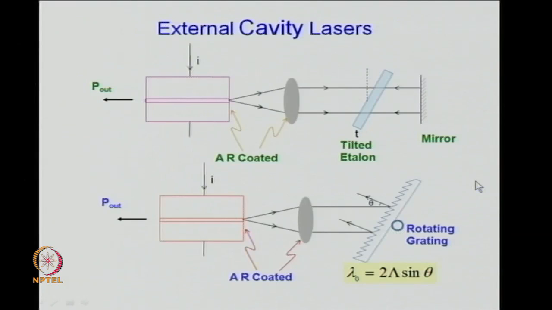Okay. So, let us go to the external cavity laser. What is the actual mechanism? How do they do it? You see that there is the semiconductor laser, the end is cleaved, yes, but now anti-reflection coated, because we do not want the laser to oscillate here.